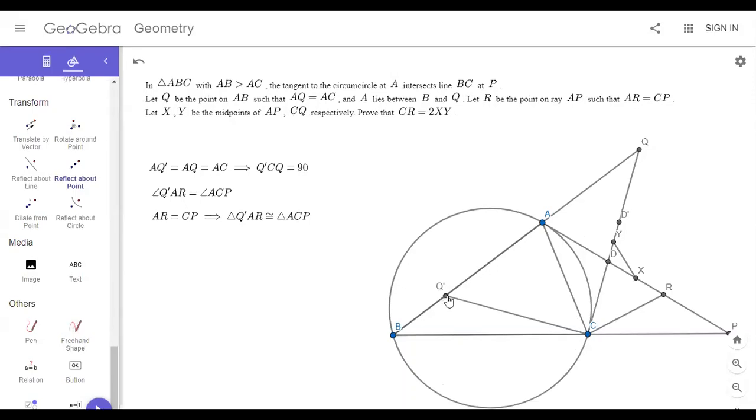Okay, so Timo, your idea is let's see, Q prime CR is similar to AXY. Yeah, I wonder if we can use side angle side similarity to show that.